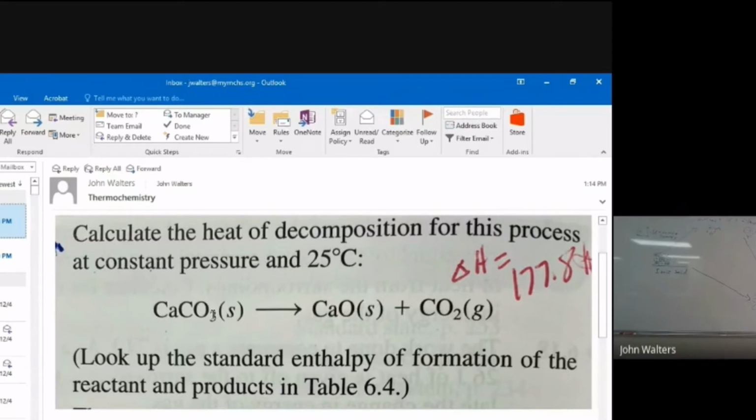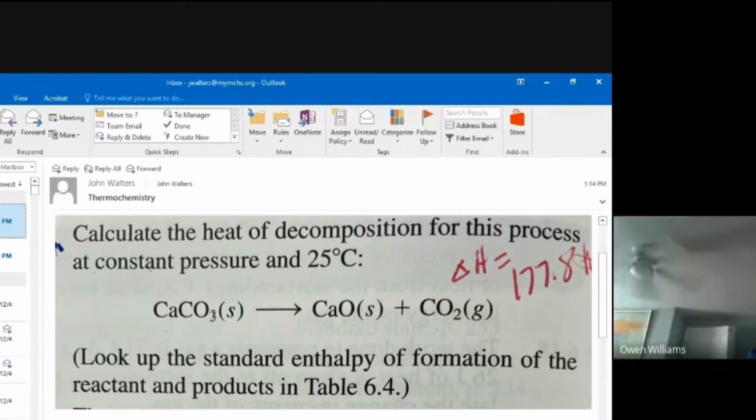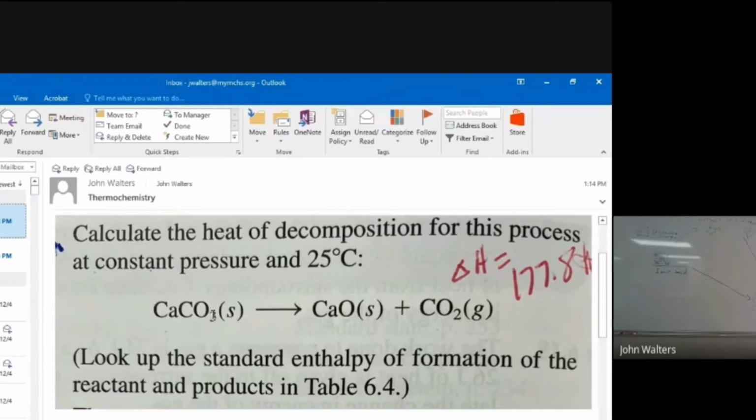We have a negative value, and we're subtracting from another negative value, which means we're going to add it. And what value do we get when we add that number to that highly negative addition of calcium oxide plus carbon dioxide? What do we have now? I got 177.7. Ah, there's the number.